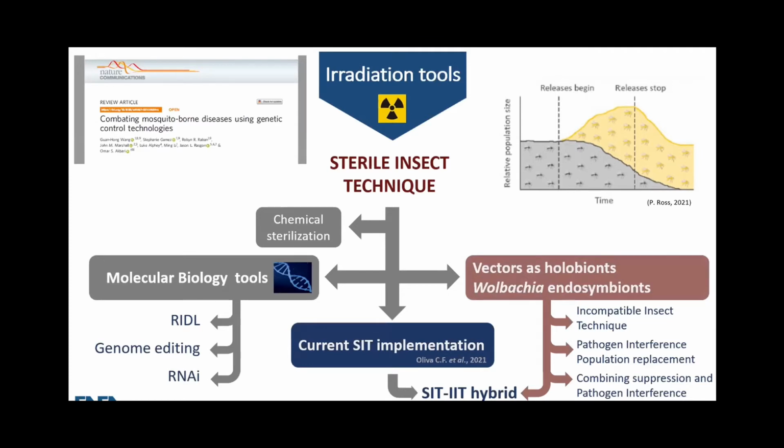Thanks to an increasingly holobiontic vision of living beings, in the last decades interest in the study of functional symbiotic microorganisms has grown. Among the most studied bacteria, we find Wolbachia, because we know it's a real manipulator of the reproduction of its host, including the capacity of inducing different patterns of conditional sterility.